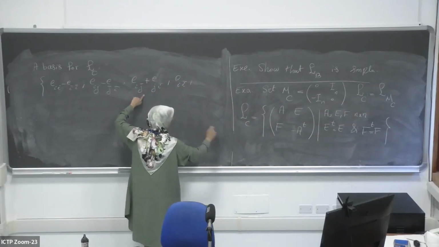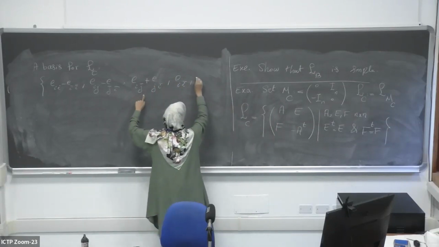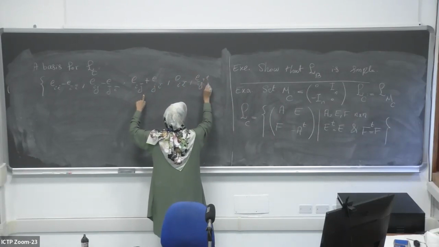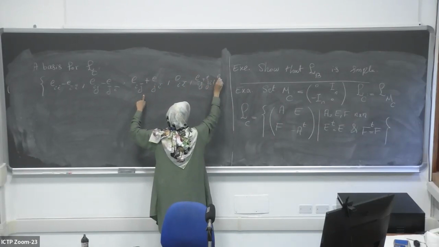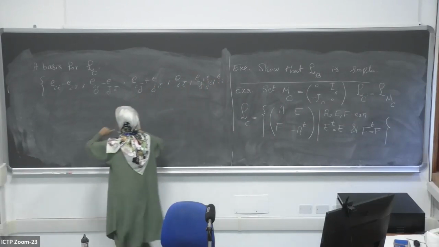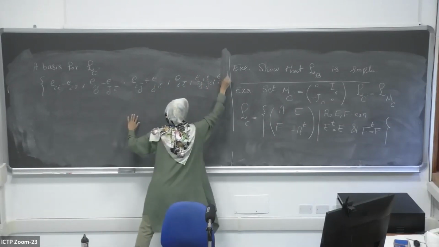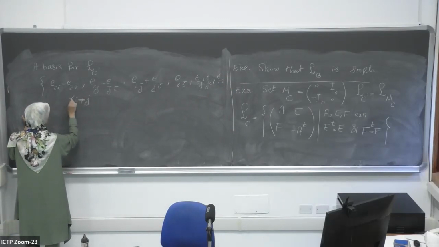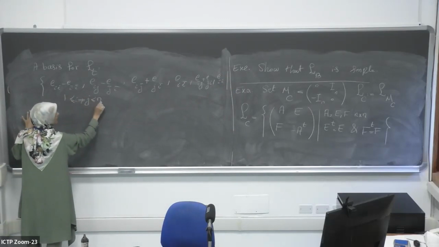And for F, we have ī j plus j̄ i, and we have ī, where i is not j, between 1 and n.